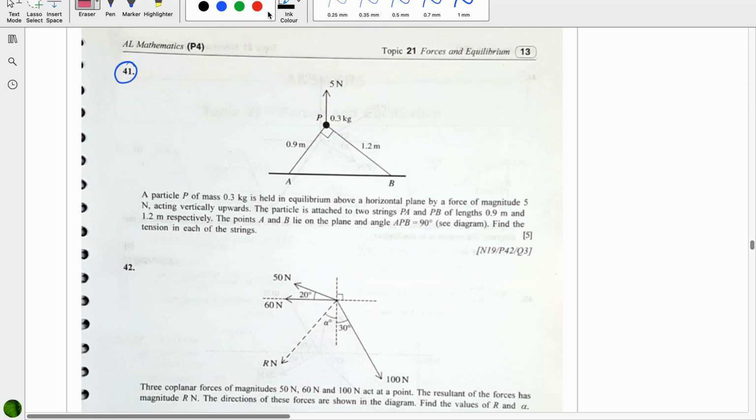Okay, so before we resolve this, 0.3 kg, W equals mg, mass is 0.3 times 10. This is 3 newtons. So this 3 Newton force would be downwards. So in order to find tension in the two strings, we need to resolve them horizontally.